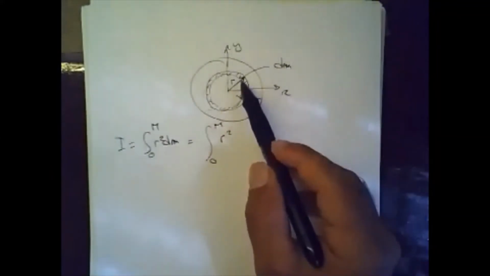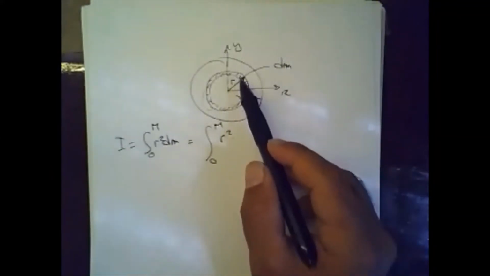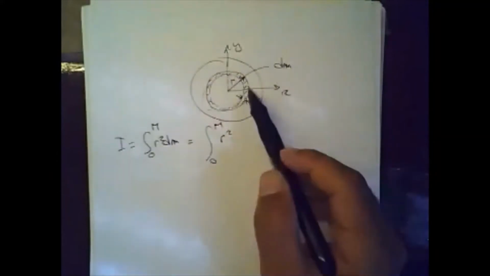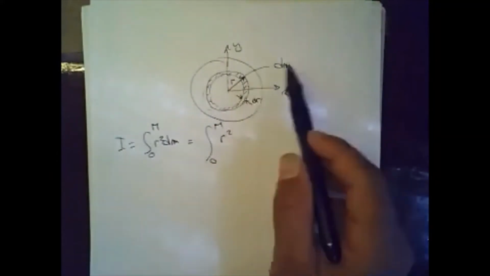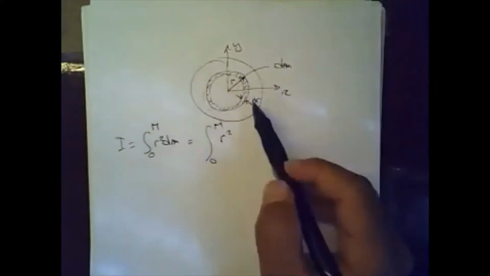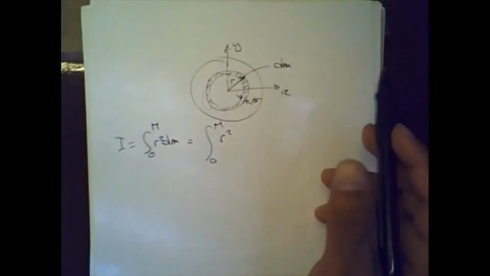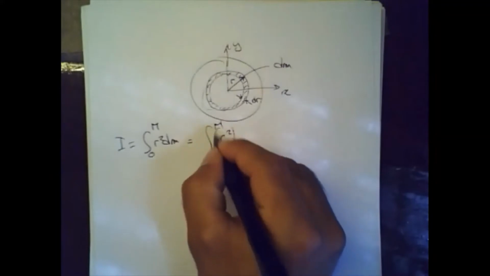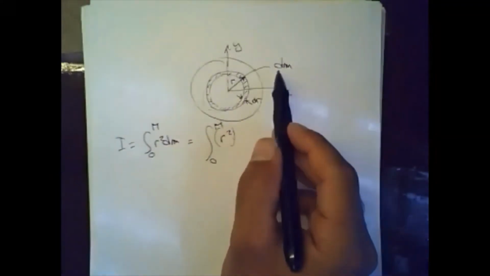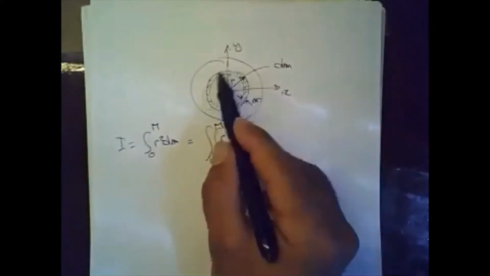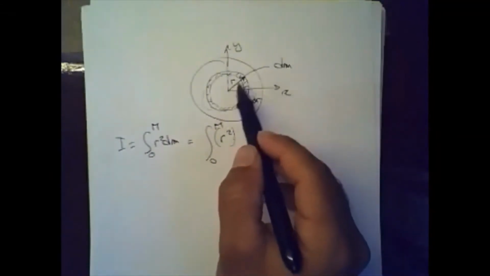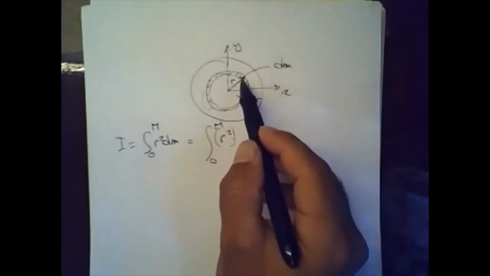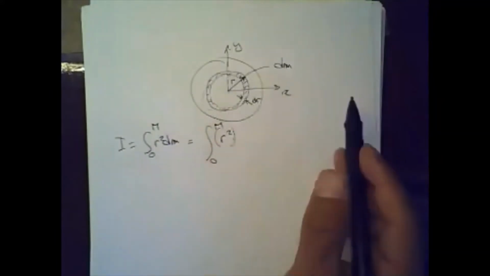R can give me the volume, and from the density of that material, I can get the mass. So I can express dm in terms of r, dr, and the density. What do you think is the mass of this ring element?